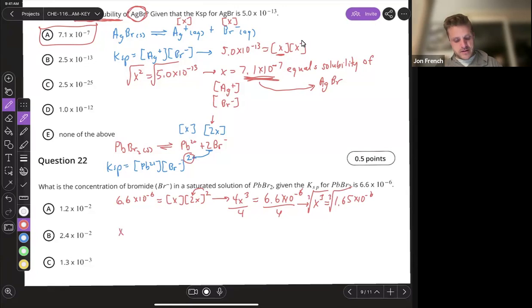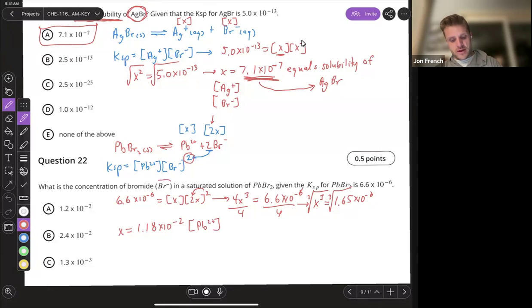Cubic root of both sides, and X equals 1.18 times 10 to the minus 2. That is my concentration of lead.